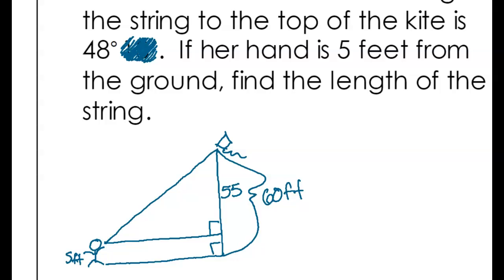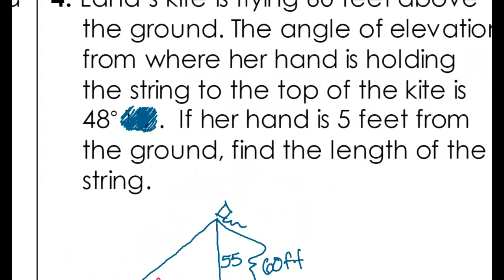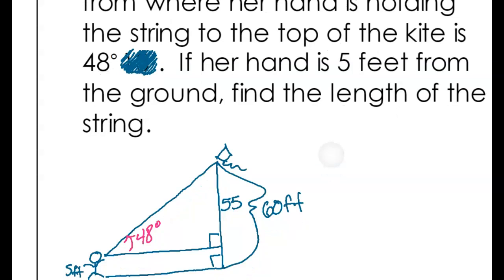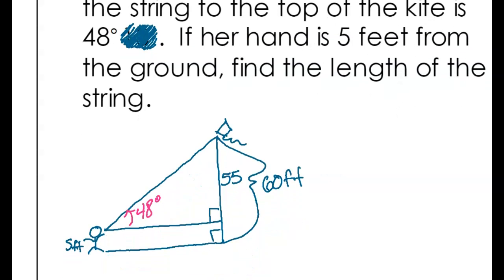All you need to know is there's an angle of elevation here, and it's going from the horizontal upward. The only angle in this triangle that would be the angle of elevation is this angle down here because it's the only one going from the horizontal upward. But it even tells you, the angle of elevation from where her hand is holding the string to the top of the kite is 48 degrees. So that would be good.